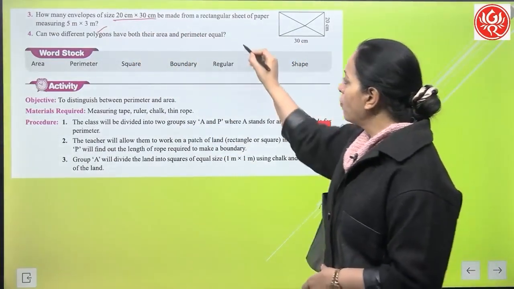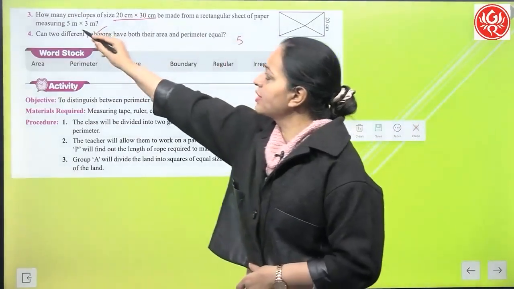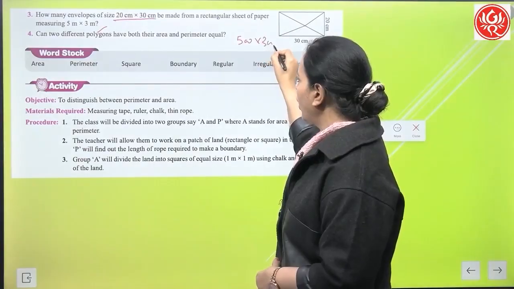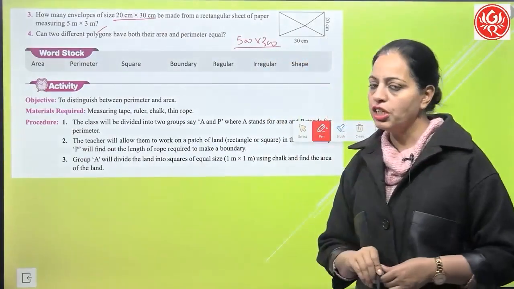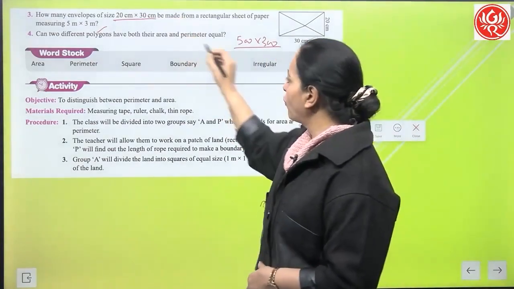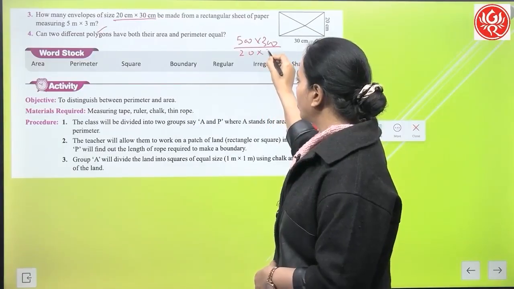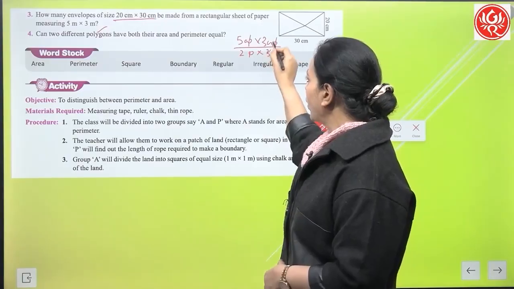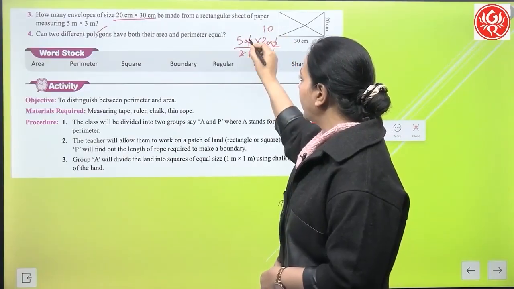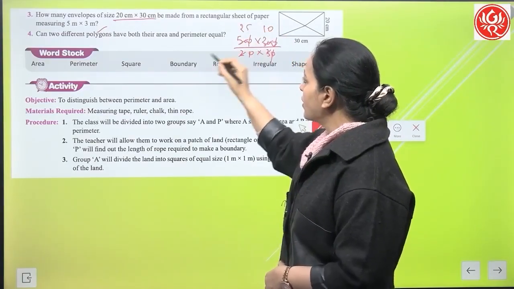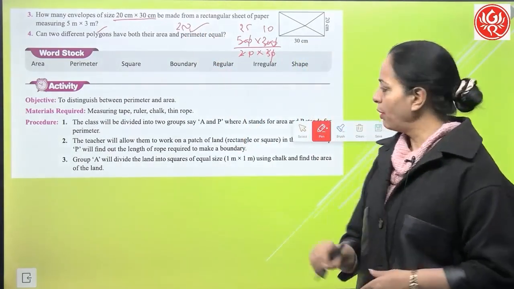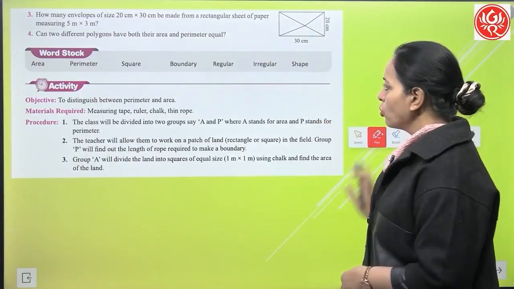So here 5 meter, this is in meter. So change into centimeter, 500 into 300, area of sheet divided by area of this, 20 into 30. Now cut the zeros, right? So here 10 and here 25. So answer is 250. Okay. Similarly, you can try fourth question.